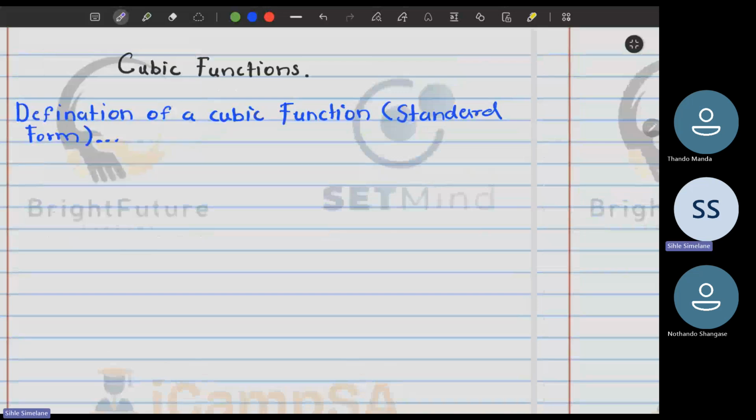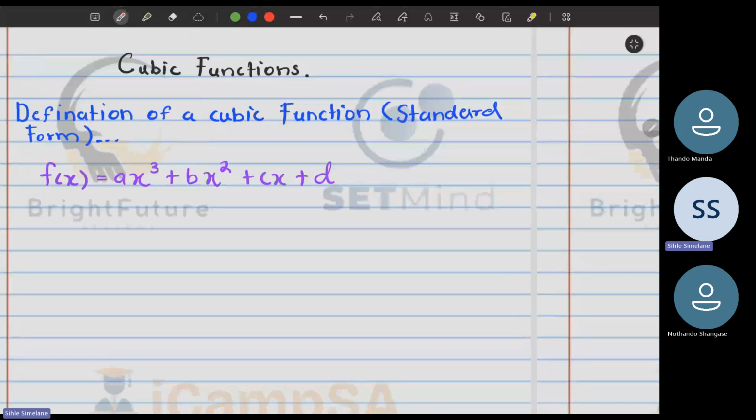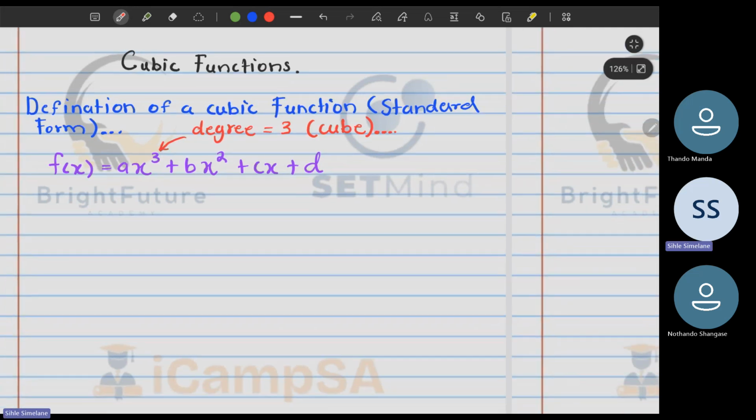It's a cubic function if it takes the form f of x equals ax cubed plus bx squared plus cx plus d. This here is what we call a cubic function. Why cubic? Because the highest power, or the degree, rather, which is the highest power of x, is equal to 3. And you guys know that 3 is a cube. Okay. So that is why this is a cubic function.